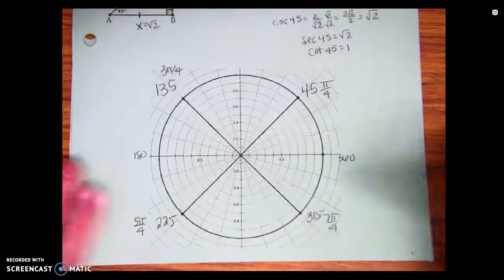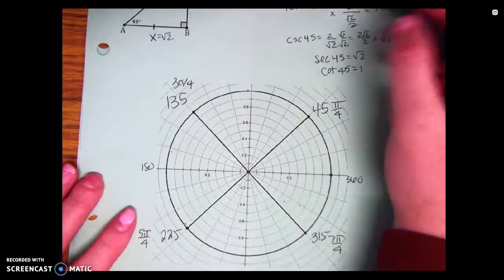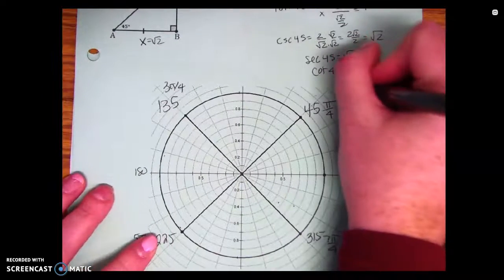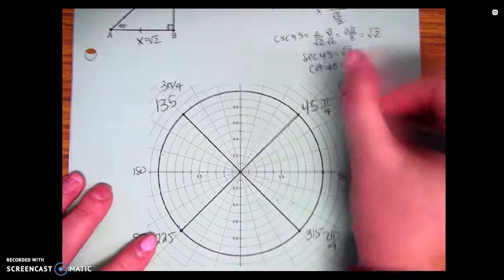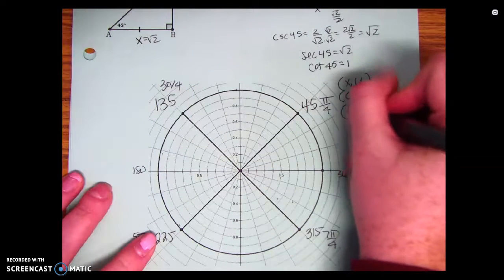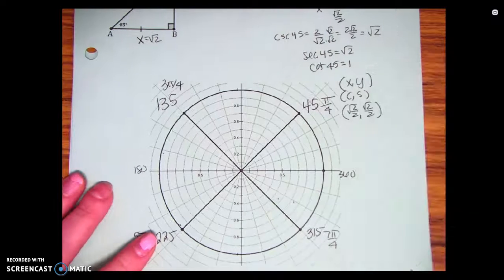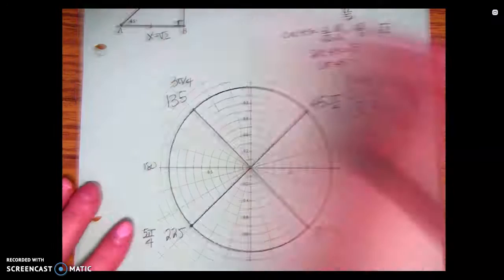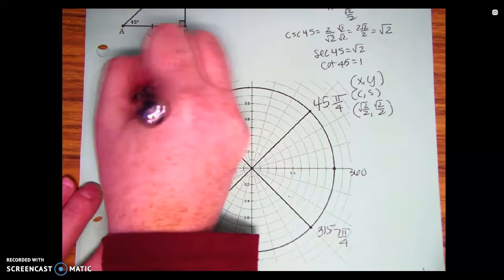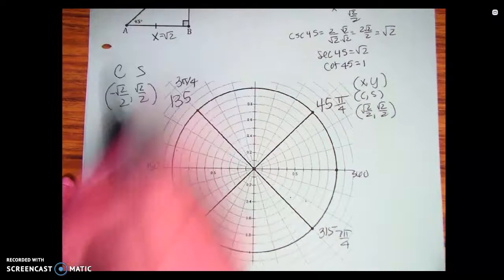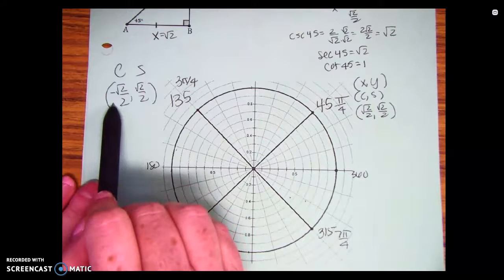Well, what happens is that these become coordinates because we have x, then y. When we're talking about coordinates, we have cosine and sine. So the coordinates at 45 degrees on the unit circle are the square root of 2 over 2. Those happen in every quadrant, except the only thing that changes is that cosine, we've been learning, is negative in the second quadrant.